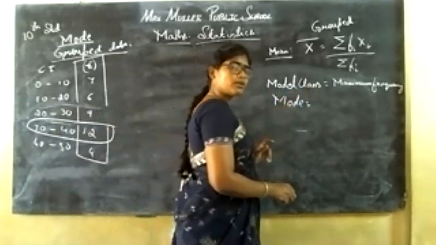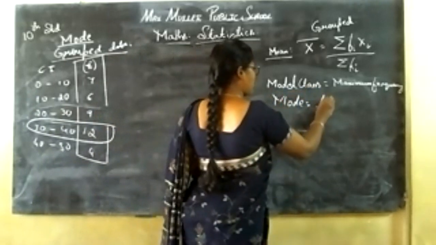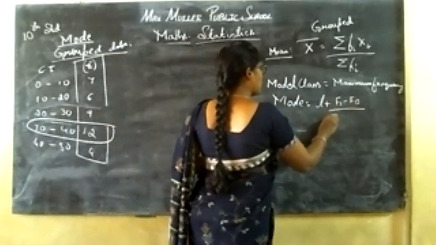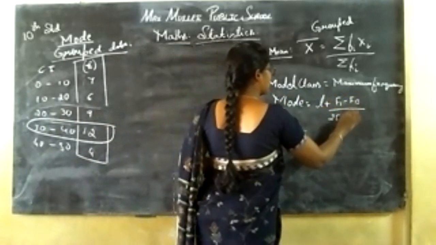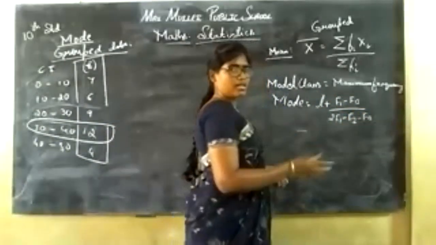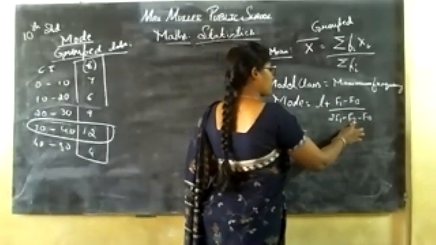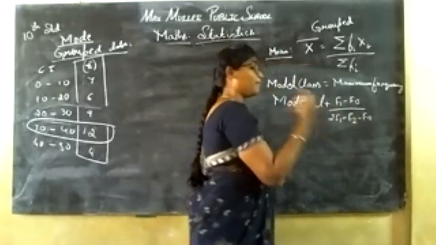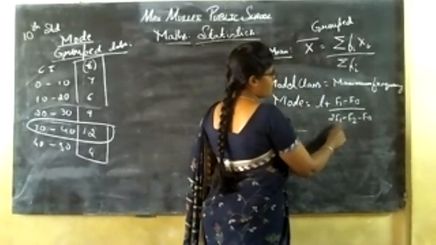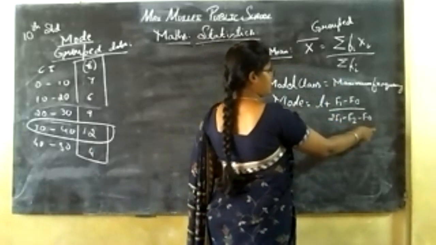What is the formula to find the mode? L plus (F1 minus F0) divided by (2F1 minus F2 minus F0). It is your choice, children. Inside the bracket, you can put F0 here and F2 there, to make things clear for yourself. I have taken 2F1 minus F2 minus F0.